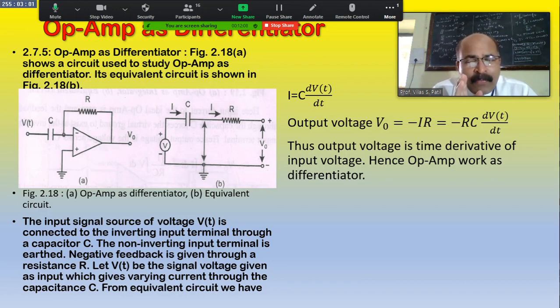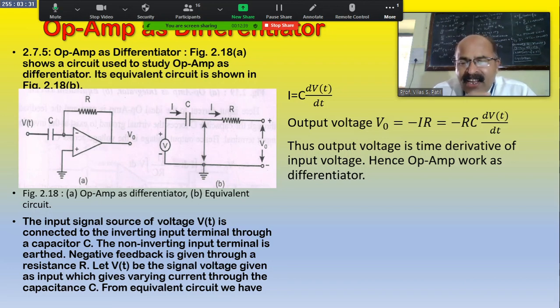Here we are using the differential amplifier, which is called the operational amplifier, because it can be used to perform different mathematical operations. Here we are discussing the operational amplifier as a differentiator.